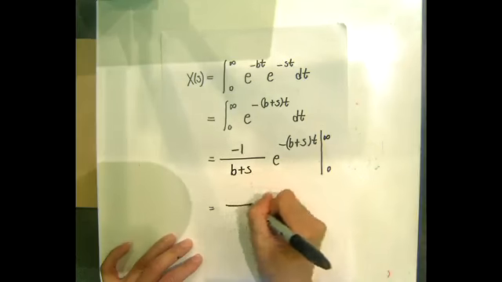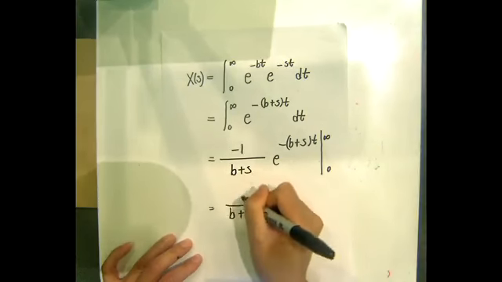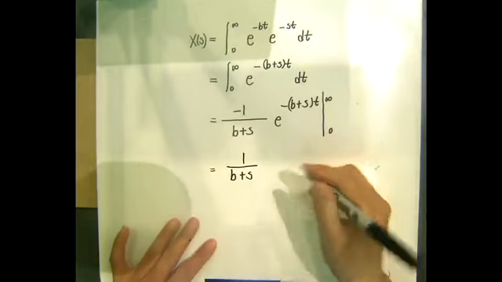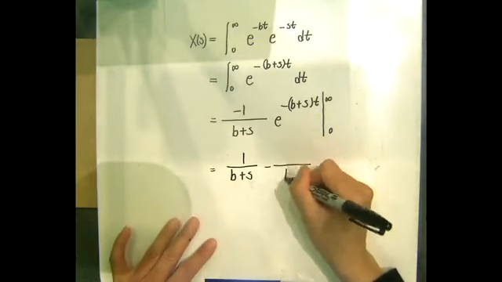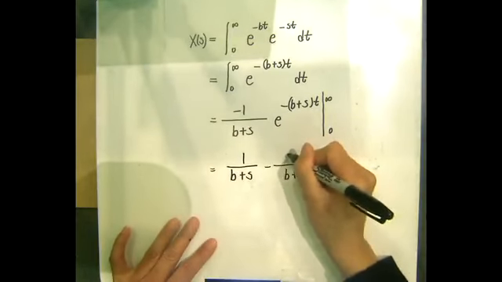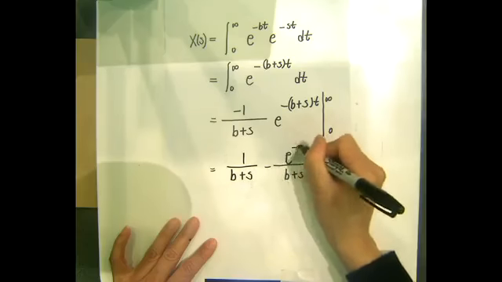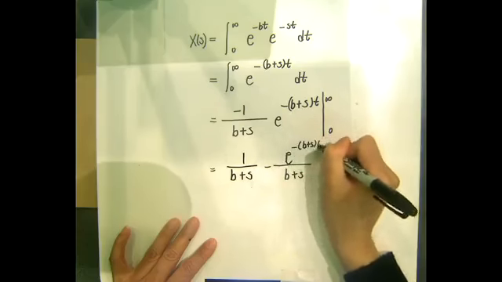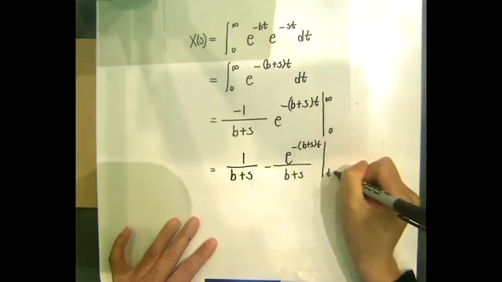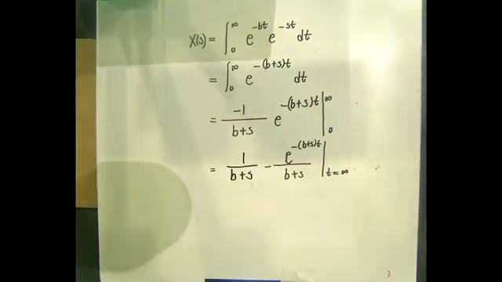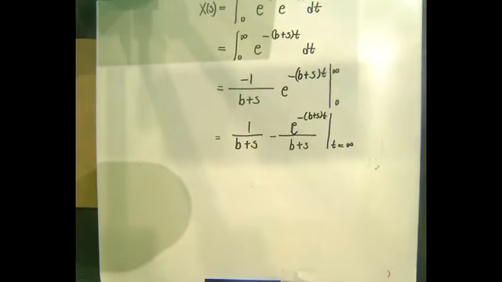It will be 1 over (beta plus s) minus 1 over (beta plus s) times e to the power of minus (beta plus s) t, and my t should go to infinity. Okay, so again, this one is difficult.